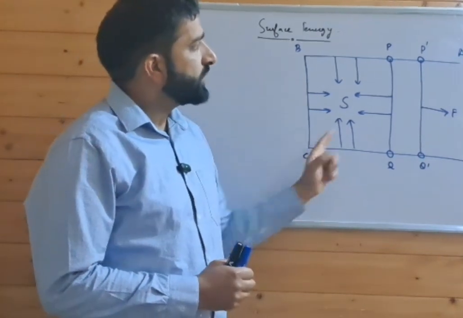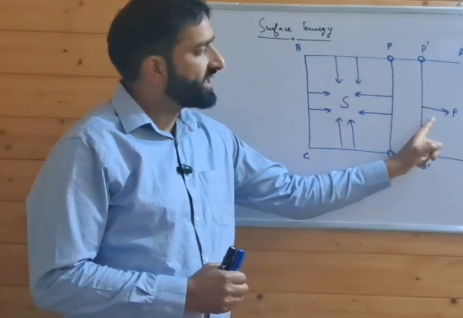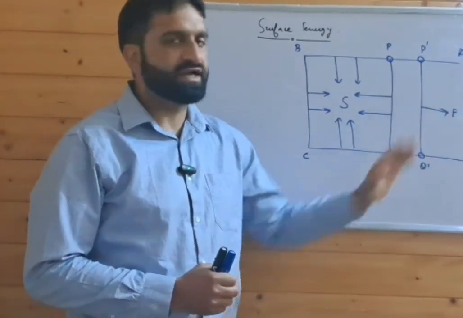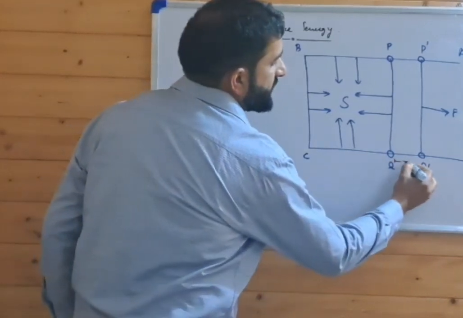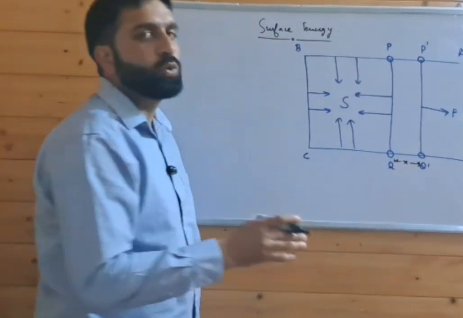Now, if we pull this sliding side PQ by a force F to the right side, and increase its length by X, we have increased the area on both the sides.